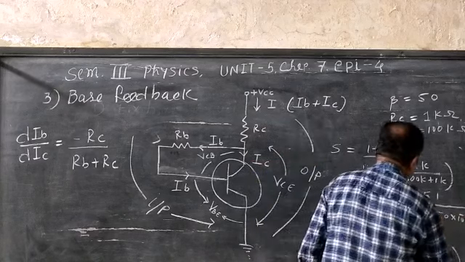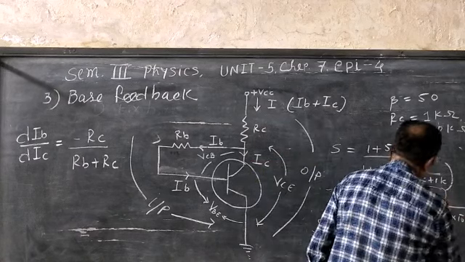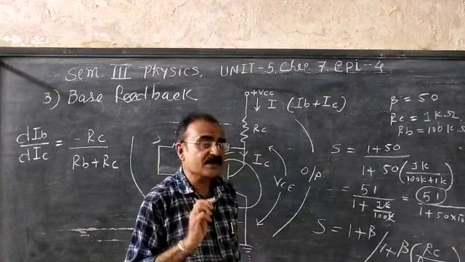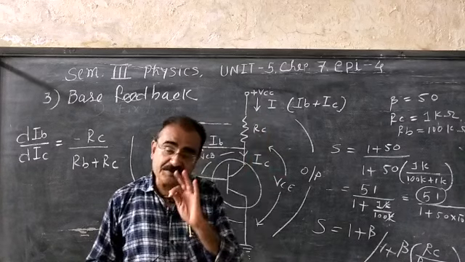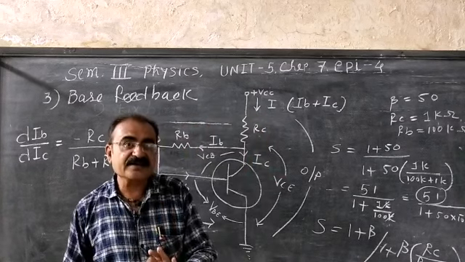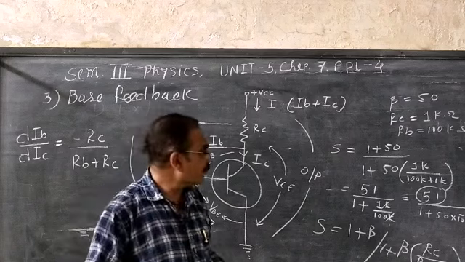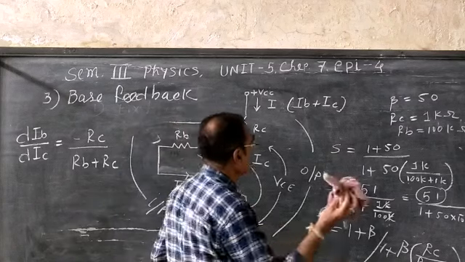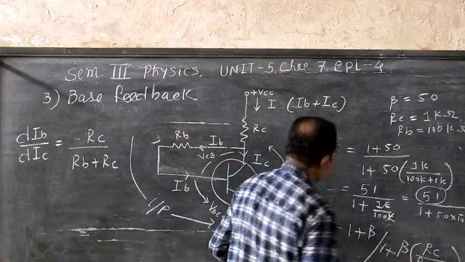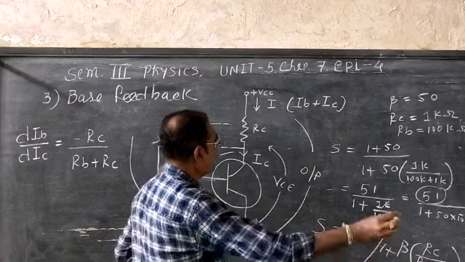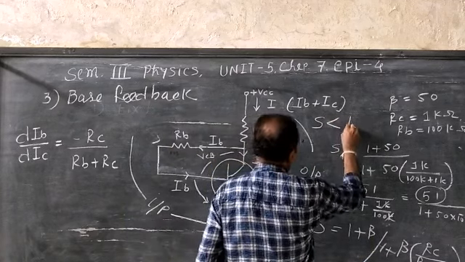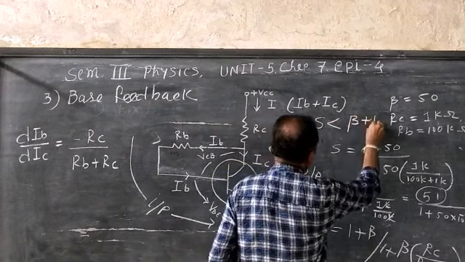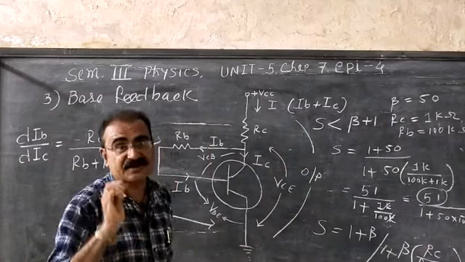So ultimately, this factor 51 is quite large, not small. But compared to the fixed base resistance technique, it is a smaller one. So you can understand through the numerical example that S is less than beta plus 1, but only quite marginally.